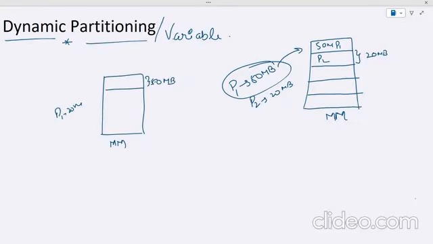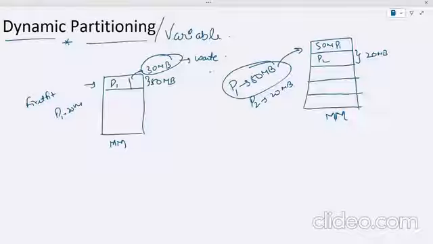If there is only one process P1, and first fit is used, then definitely P1 comes into that particular block. Because P1 only needs 20 MB of space, here with 50 MB the extra 30 MB of space is wasted. That wastage of space is called internal fragmentation.